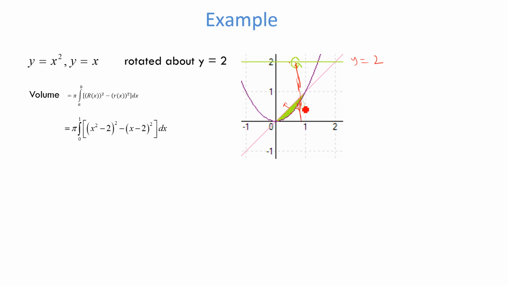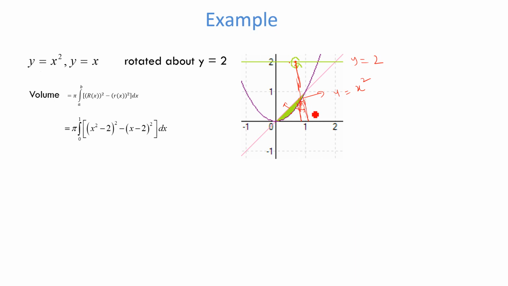So we have to find this, this is in fact y = x². Okay, and this whole length is from y = x² to y = 2, from this point to this point, and this length is y = x².